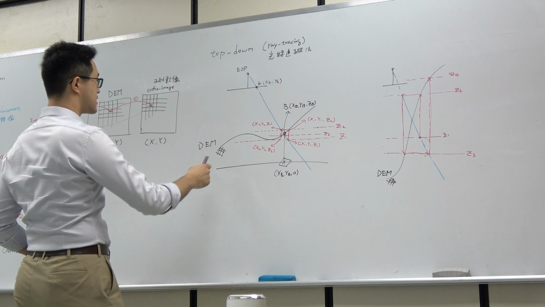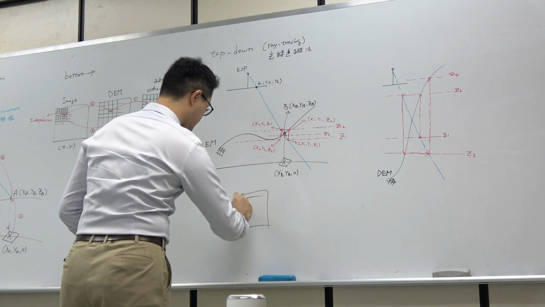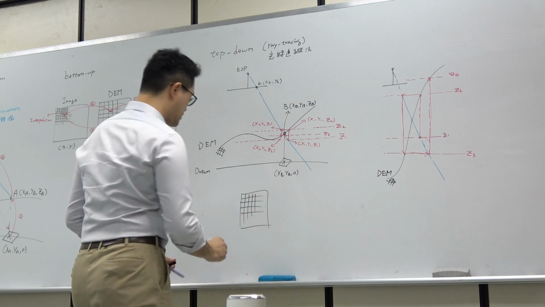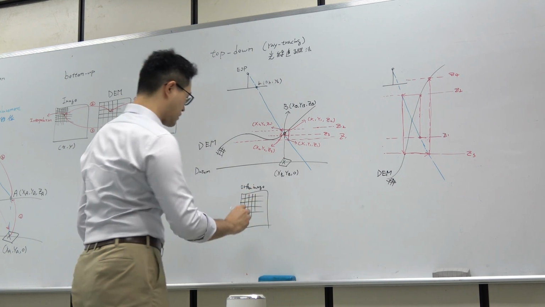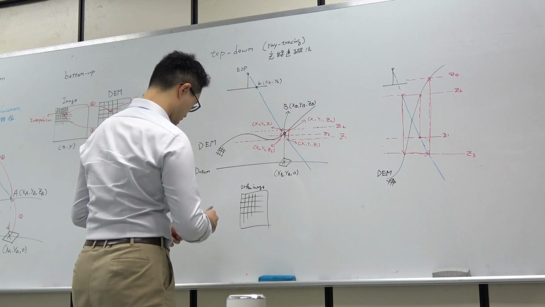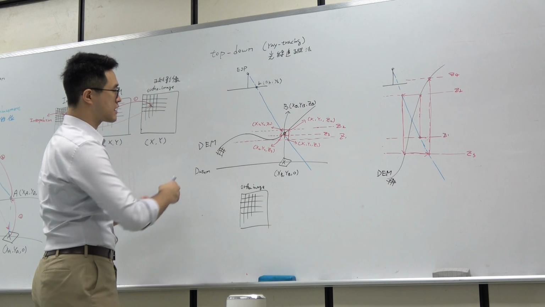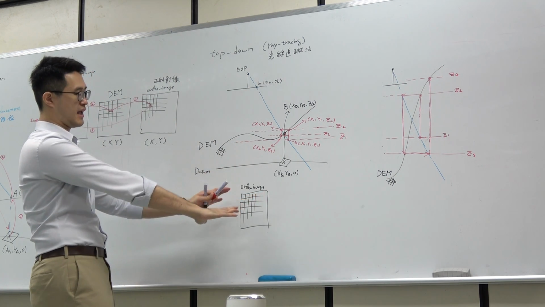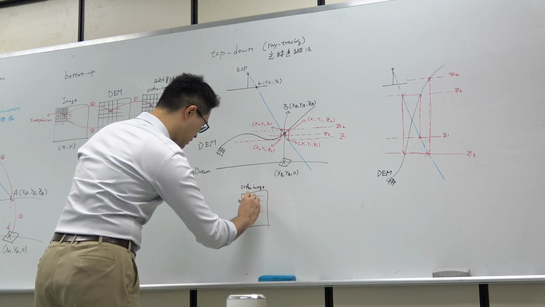So which means that you will get some information like this. Assuming this is your ortho image, for each pixel you just project it to this canvas, and then you project it to here, here, here, here.